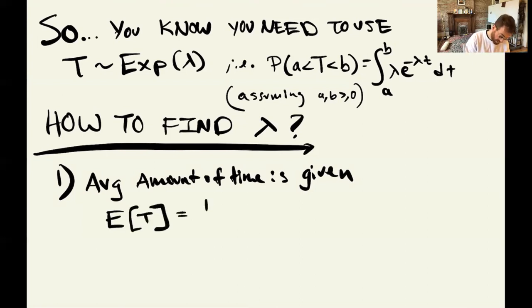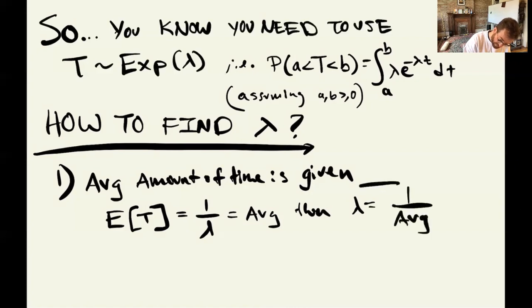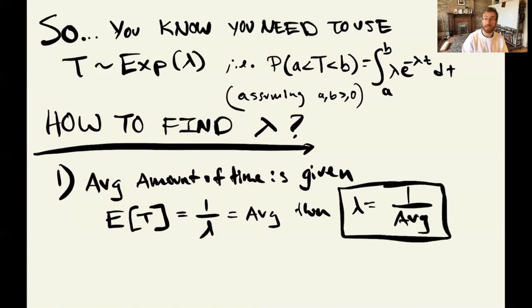And you'll recall, in our homework, we're deriving that the expectation of an exponential random variable is 1 over lambda. So once you have that, let's say that's your average, then you can automatically compute that lambda is just 1 over the average. And you're done. You can now just continue with straight up integration and call it a day.